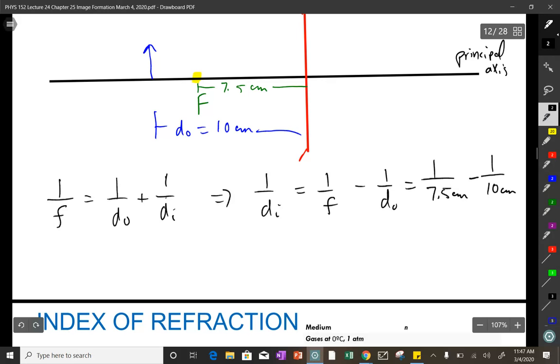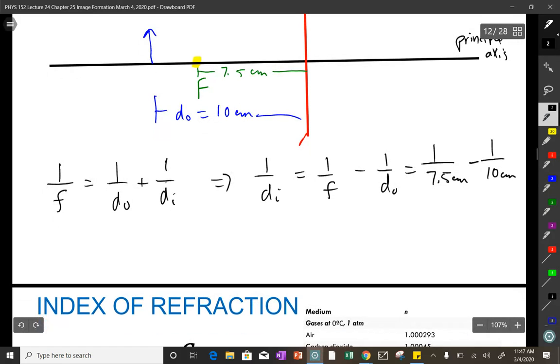Is d_o negative? d_o is positive. So I have 1 over 7.5 minus 1 over 10. We could try to get a common denominator, and we would have 10 minus 7.5 over 75. Invert that, 75 over 2.5.